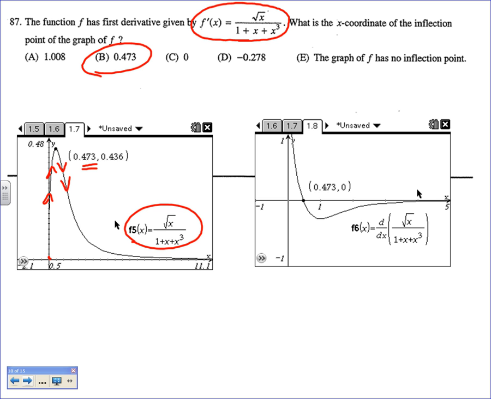If you did want to use the calculator to graph the derivative function, you could do that, and that's what I'm showing in the second drawing here. This is just an alternative. That's how the curve looks, and there's that point identified once again, that x value of 0.473. So that's it for this group.